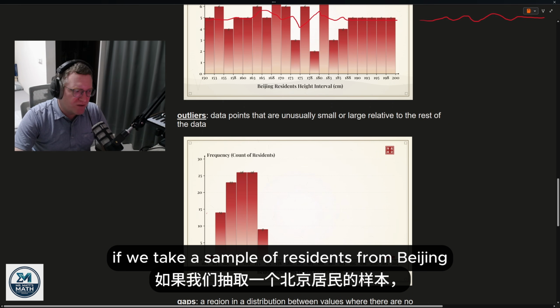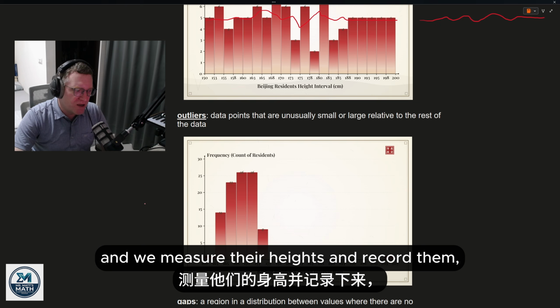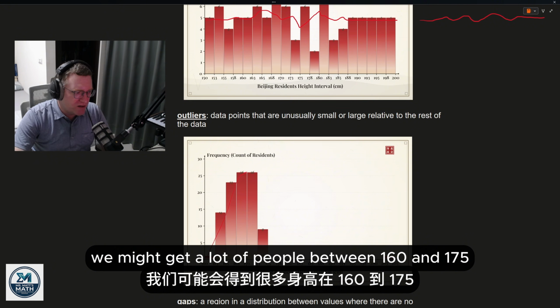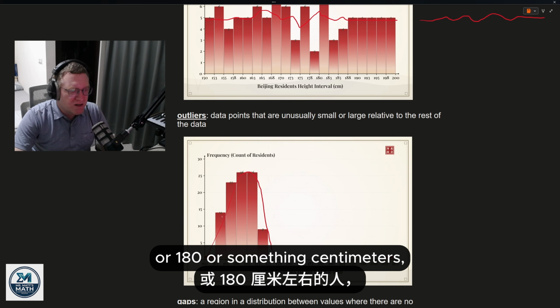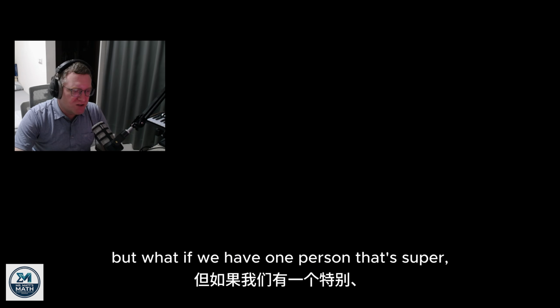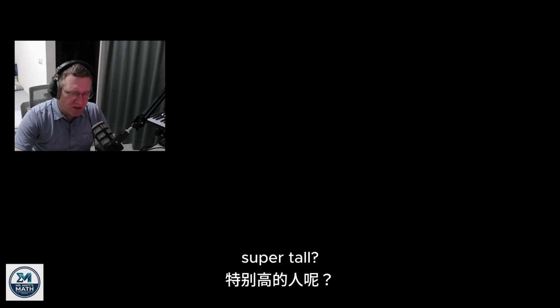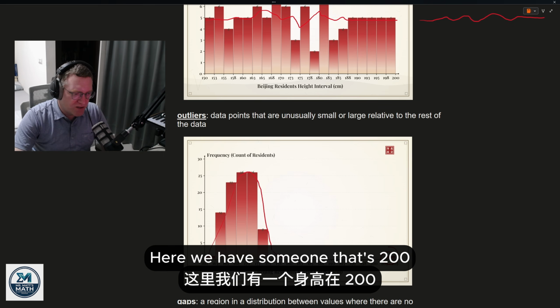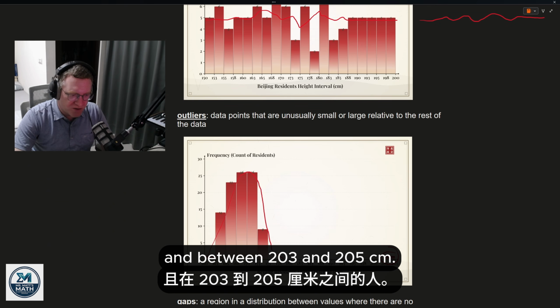So if we take a sample of residents from Beijing and we measure their heights and record them, we might get a lot of people between 160 and 175 or 180 centimeters. But what if we have one person that's super, super tall? Here we have someone that's between 203 and 205 centimeters.